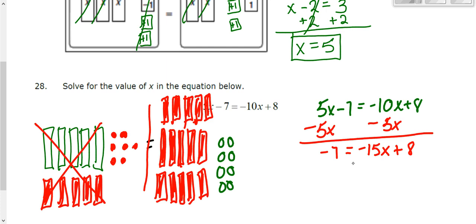Okay, so I want to get x by itself, and I have all of these positive 8s over here with x. So I'm going to add 8 negatives. And I'm going to do the same to the other side.